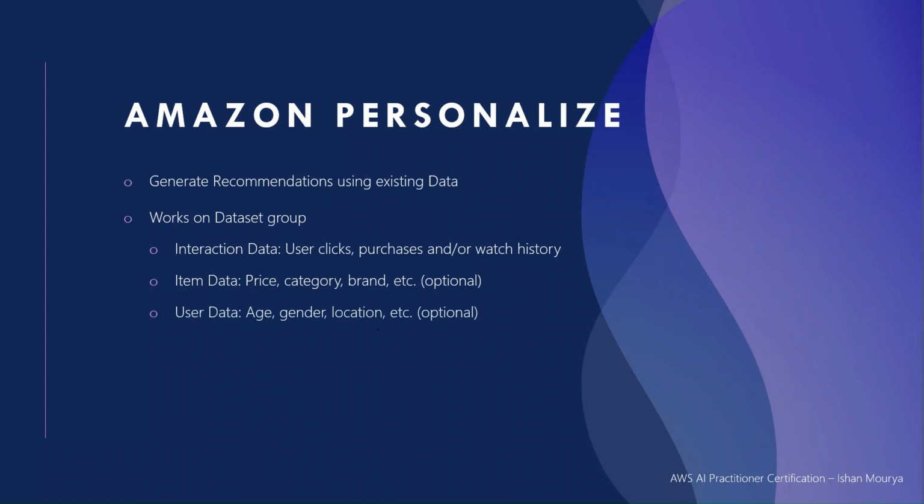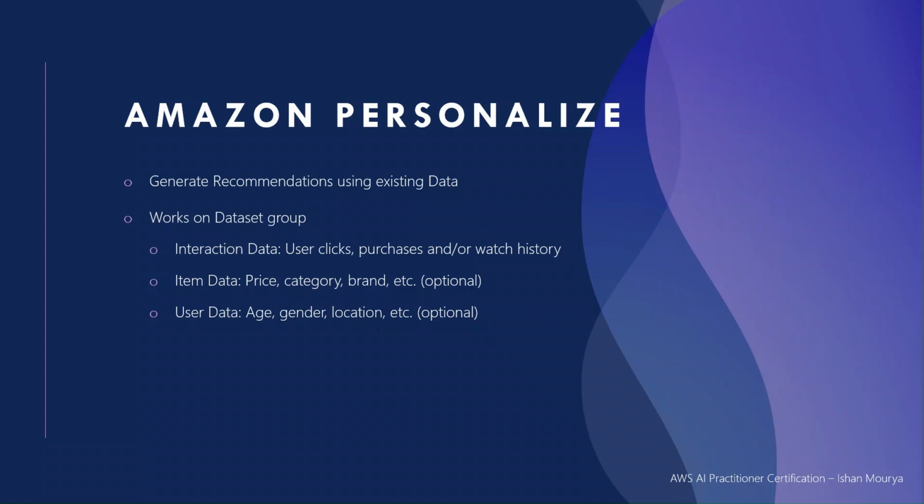Let's say Personalize is going through the data and it sees that this age group of users is purchasing more of this product. Based on that, it can create a recommendation. Or not exactly a product, but this category of products is purchased more by this gender of users. So it can make all these kinds of relations, and based on that, it will create the recommendations.